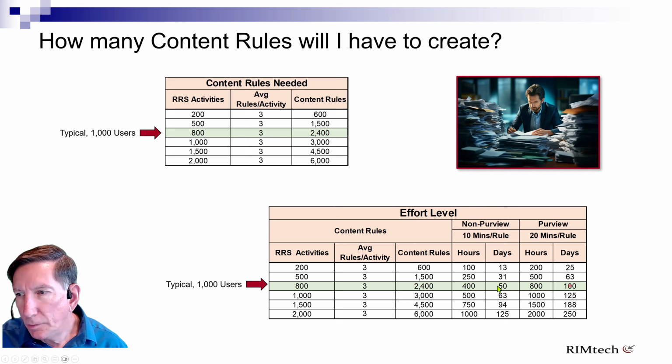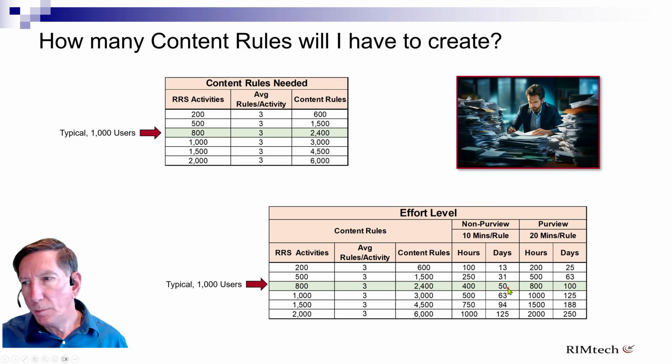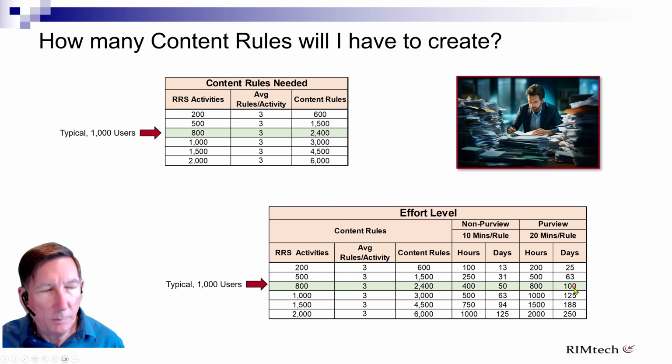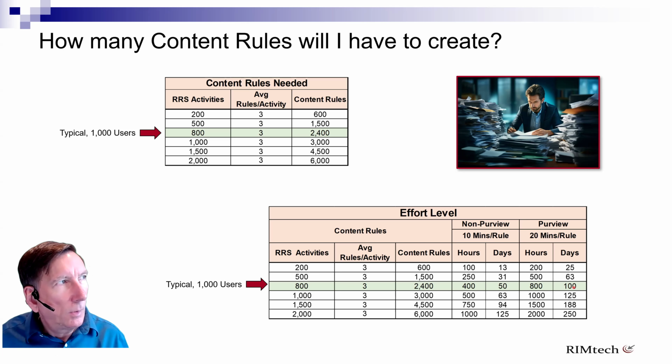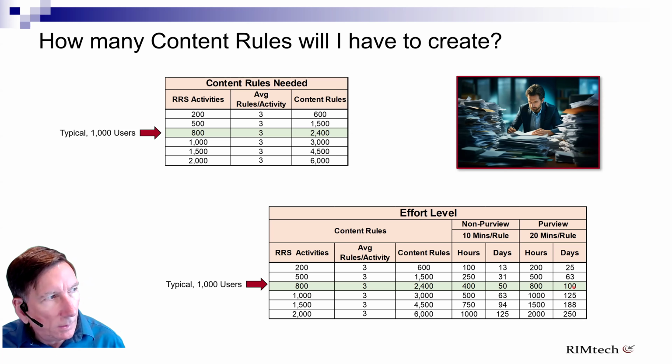It would take you 50 days non-Purview, 100 days Purview. If you want to know how and why it takes that long, then I encourage you to watch my YouTube video about retention rules in Purview and a few other Purview videos, but you'll see what goes on in detail.